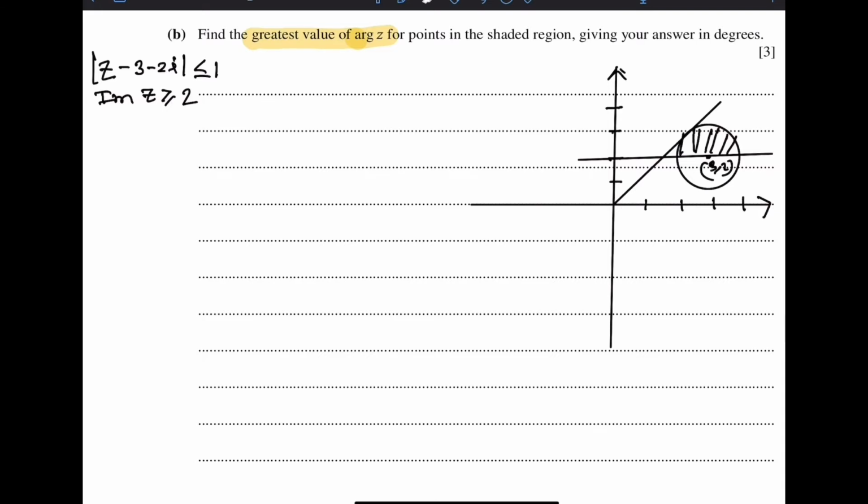So let me find out this angle. To find this angle, let me draw a perpendicular from the center to the tangent. Then let me join the origin to the center, and from the center draw a perpendicular on the x-axis.